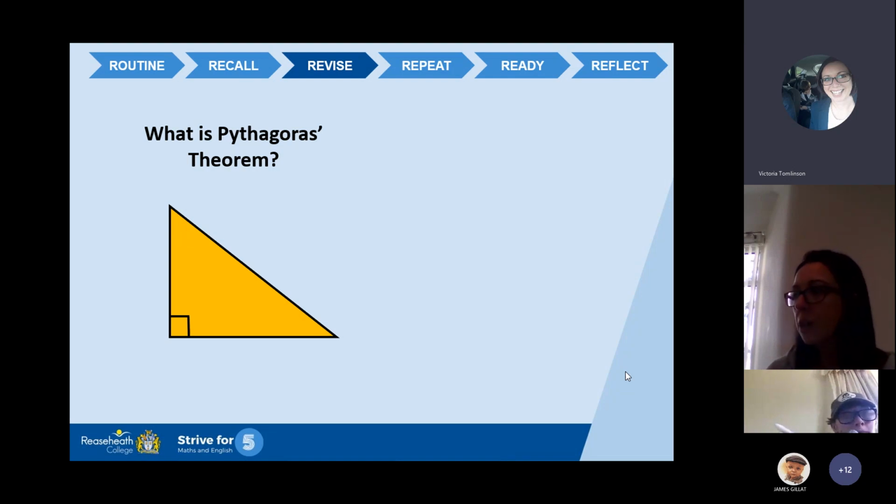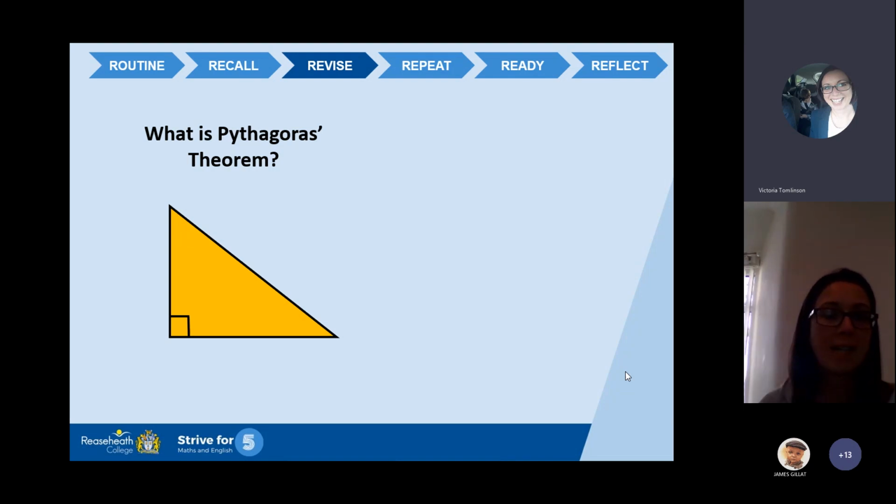What you need to know is that Pythagoras' theorem is used to calculate the length of a missing side of a right-angled triangle. It's quite a big sentence.